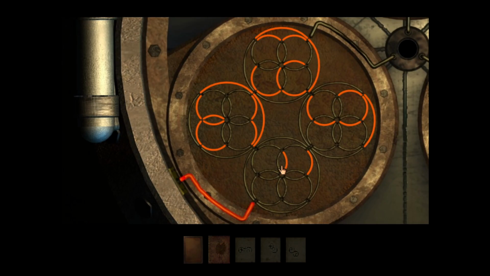Then we have... did I get my symbols wrong?